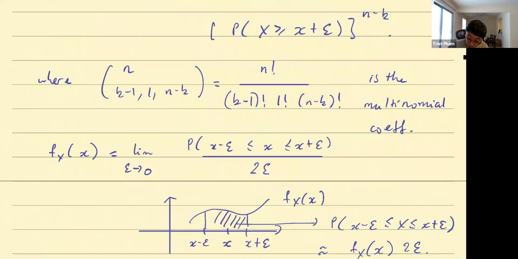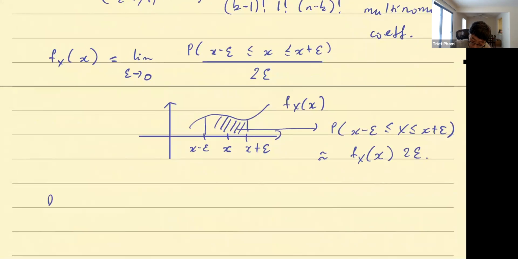So in other words, divide both sides by 2 epsilon and send epsilon to 0.